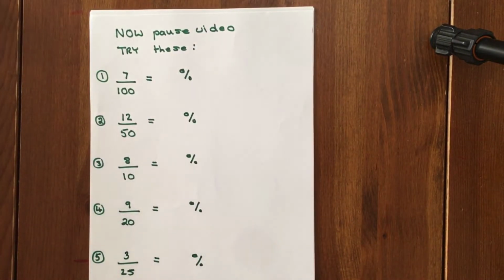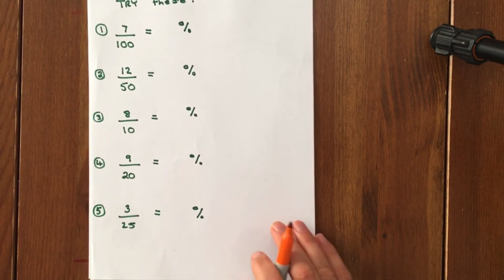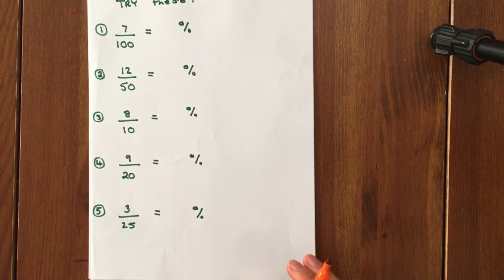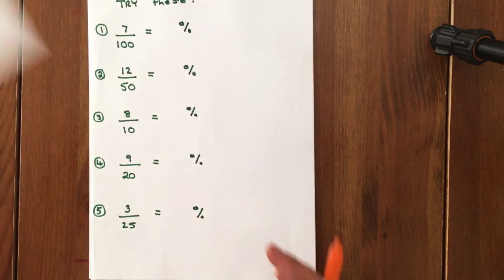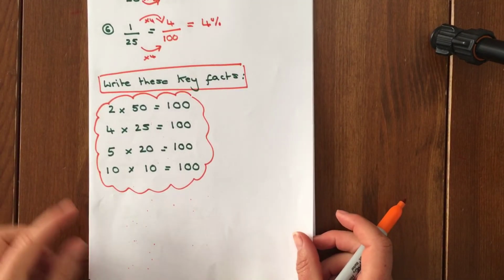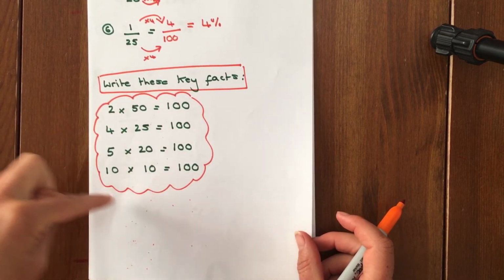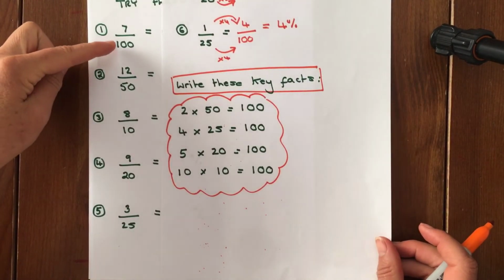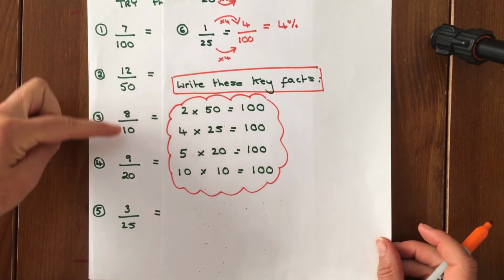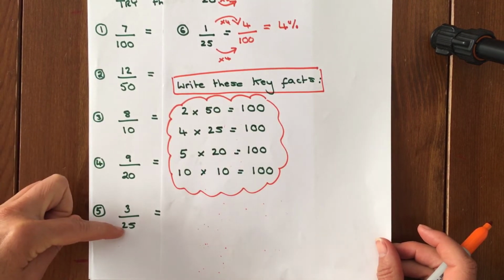I want you to have a go, please, at these 5 questions here. I'd like you to pause and change each of these fractions to percentages. Use the key facts that you've just written down to help you to work out what you times the denominator by to get it out of 100.